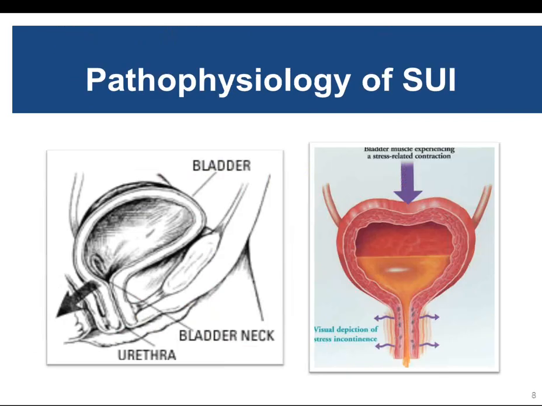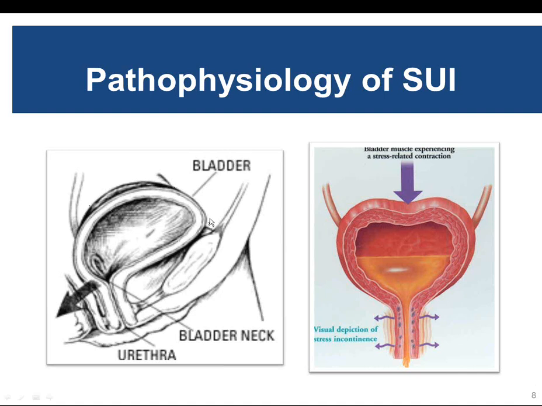So a little bit about the pathophysiology. I know this is rather scientific for a lot of people, but just so you can understand what goes on physiologically with the bladder under conditions of incontinence. So this is the bladder right here, and this is the pubic bone, so this is the front, if you will.